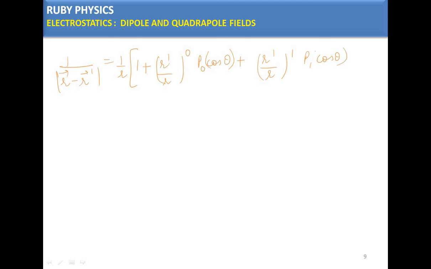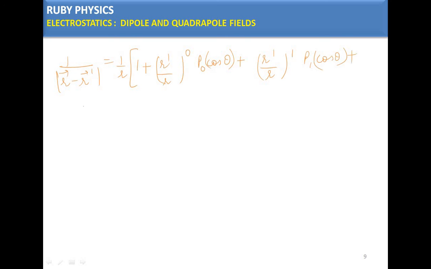If you do that, you will come to this equation: 1 upon r minus r dash is equal to 1 by r times [1 plus (r dash by r) to the power 0 P0 cos theta. Then the second term will be (r dash by r) to the power 1 P1 cos theta simply.